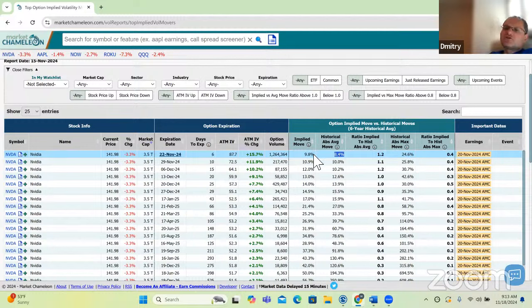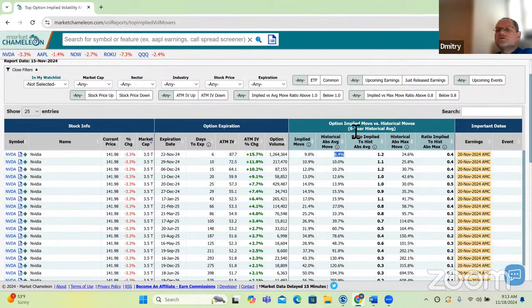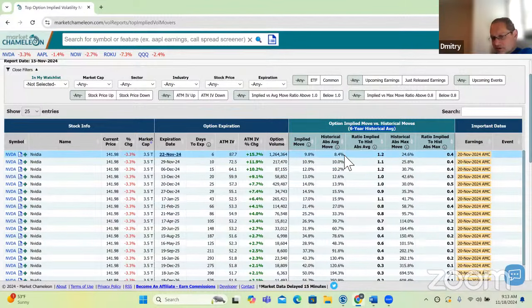So now we have these two numbers, right? We have the implied straddle, the average, and how far back are we going? So this is telling us we're using 6 years of data. Going back 6 years, this is what the average is.